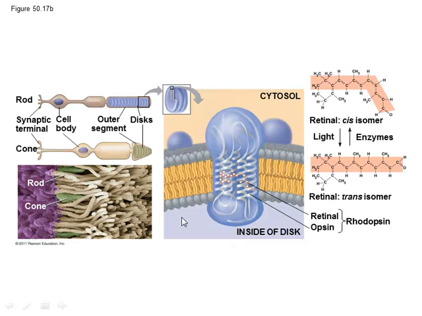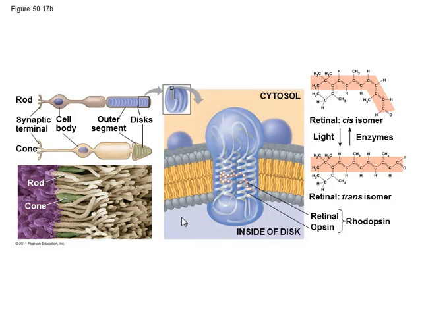Let's get into how these rods and cones do their job. In rods, you have something similar to thylakoids. You have these little discs, and in these discs you have rhodopsin. It's a combination of a pigment called retinol and a protein called opsin.